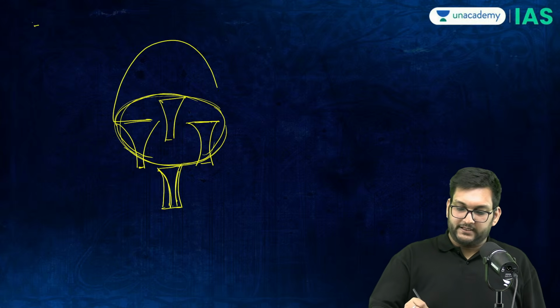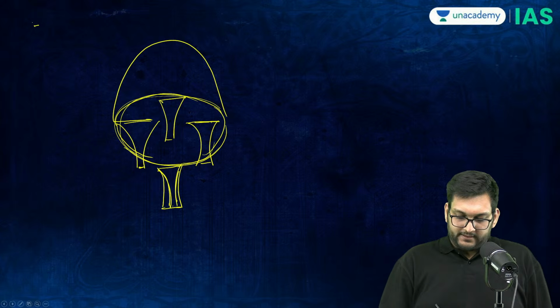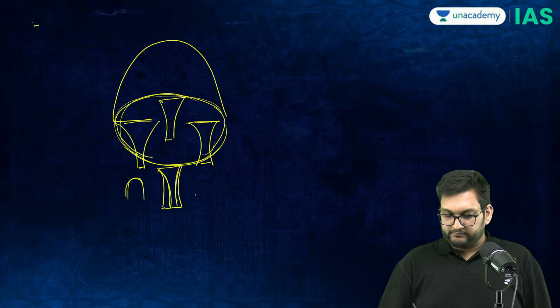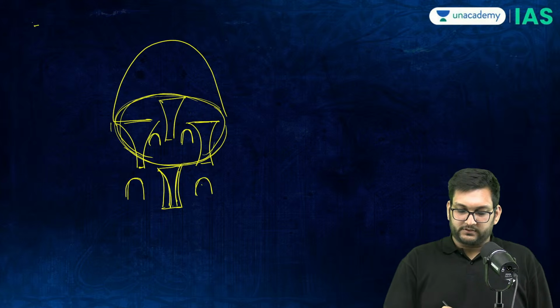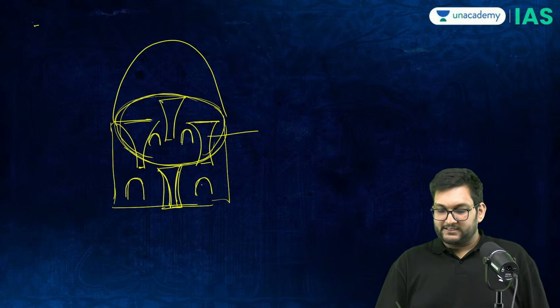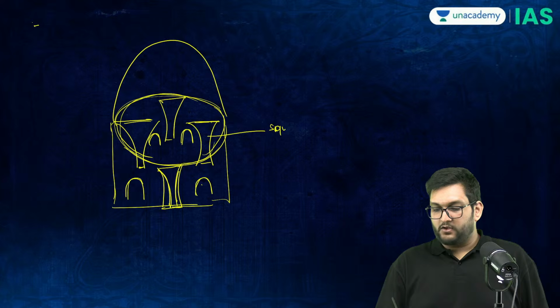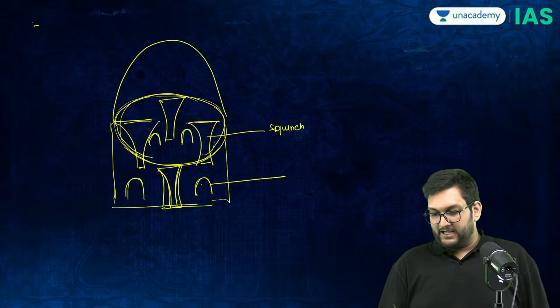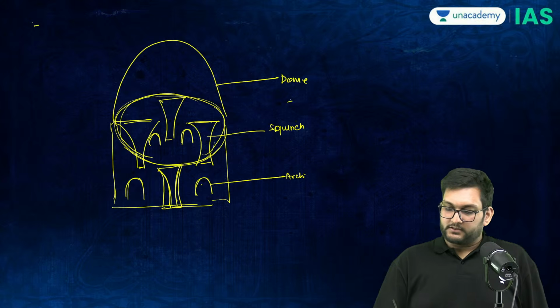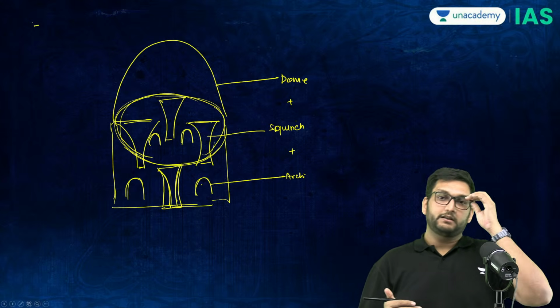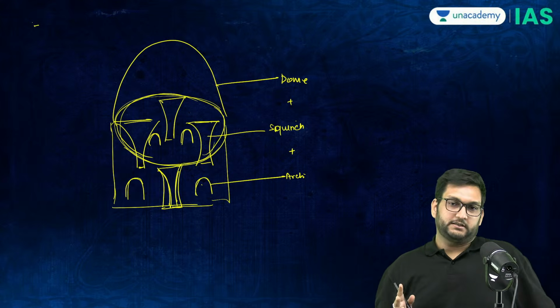Over that, they will create the dome, and they will add arches here so that the arches allow for further weight distribution. So this is a squinch which is always in the corner. This is an arch which is an entry gate. This is a dome. These three structures, if they come together, you get a perfect structure.